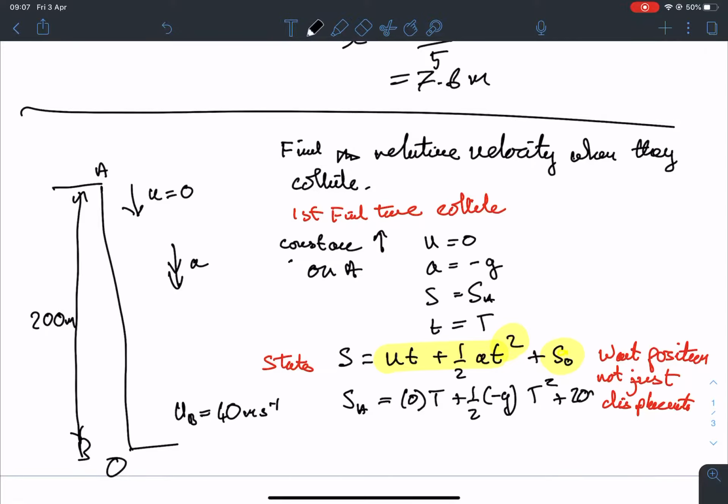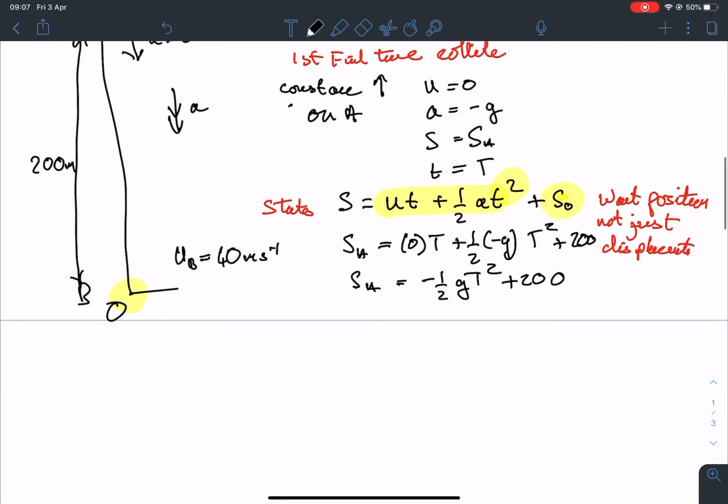We want position, not just displacement. We want its position relative to the origin, which is basically where it starts, its starting position, and then how far it's moved is this bit here.